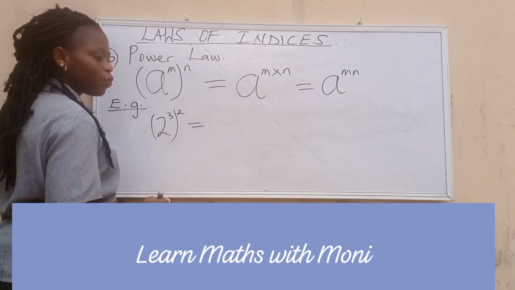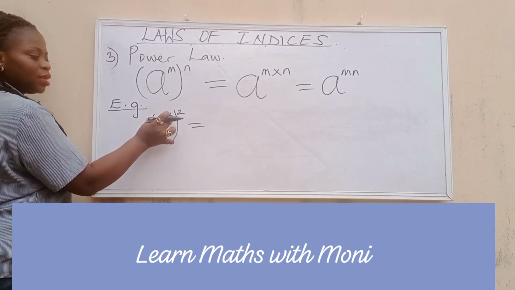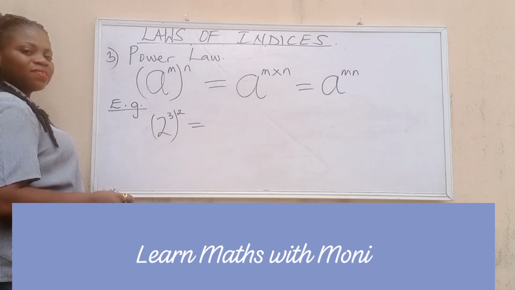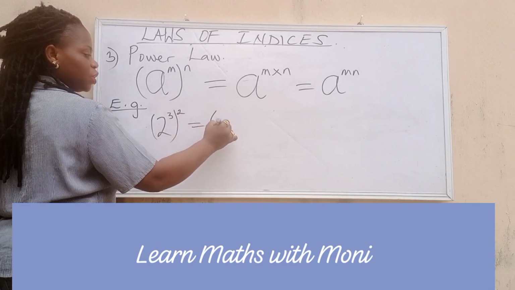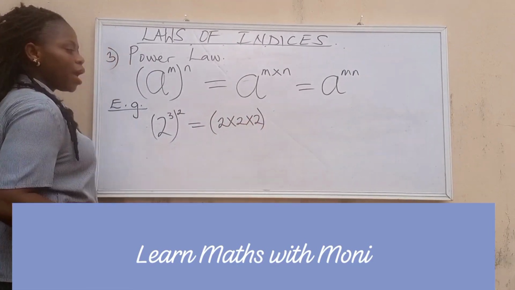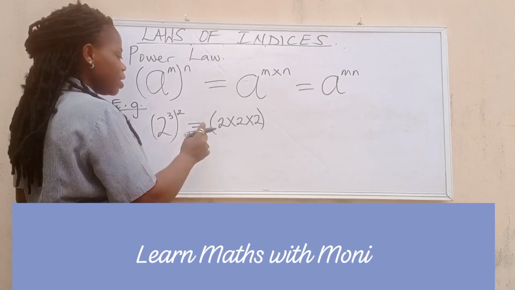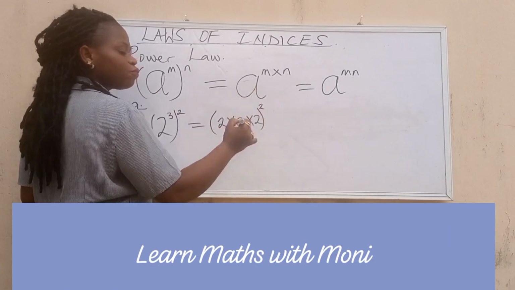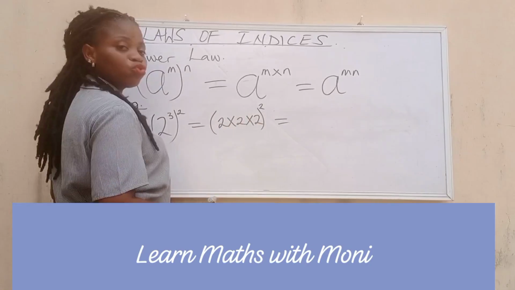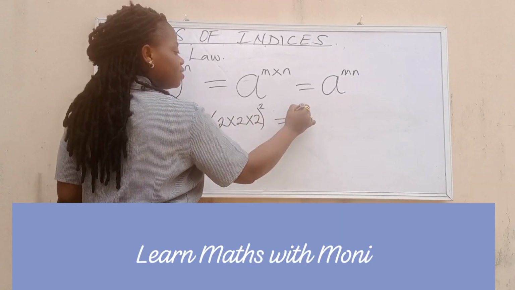In the elaborate form, you know that in the brackets, what I have is 2 multiplying itself in 3 places, which is 2 times 2 times 2. All the 2 raised to power 3 is raised to another power. In the brackets, I have 2 times 2 times 2, which is 8.